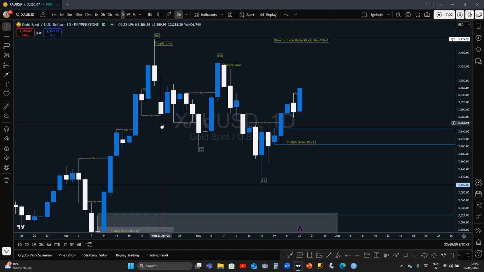Therefore, taking out this previous support level, this previous market shift, he has broken it. Now, we now say, okay, now that he has pushed to the downside, giving us a break of structure, we now say, okay, a bearish trend has been established.